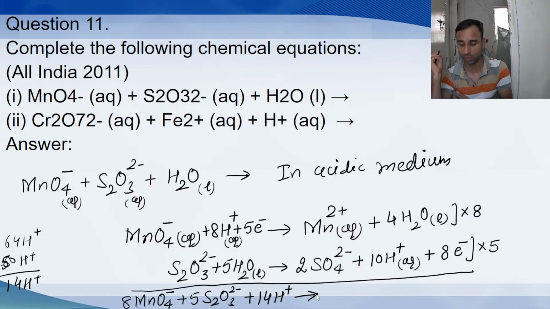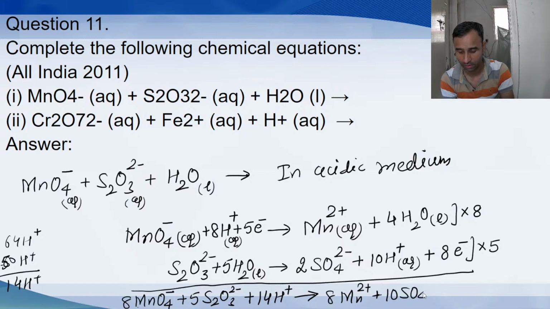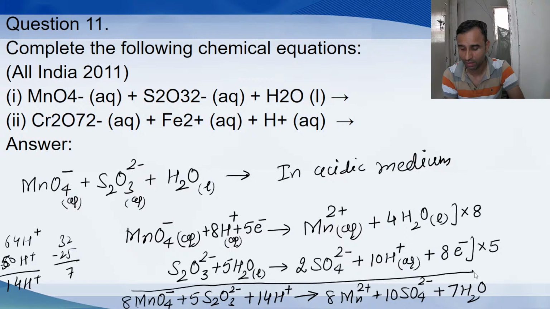Then come to the next part, that is 8 Mn2 plus, 10 SO4 2 negative plus 32 minus 25 plus 7 H2O.